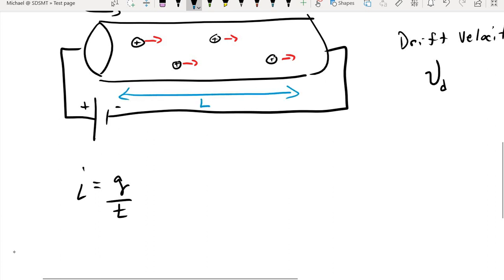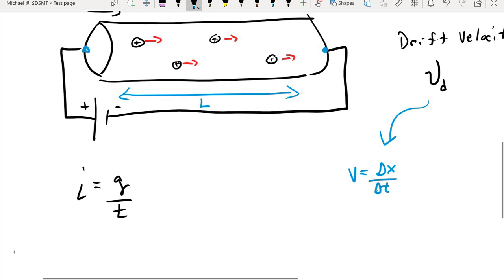So there is a certain displacement that the charge has to travel to get from one end of the conductor to the other. And velocity, even though we're looking for a specific type of velocity, is still defined as displacement over time.